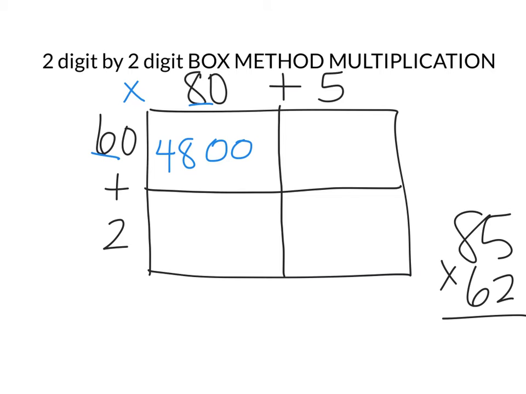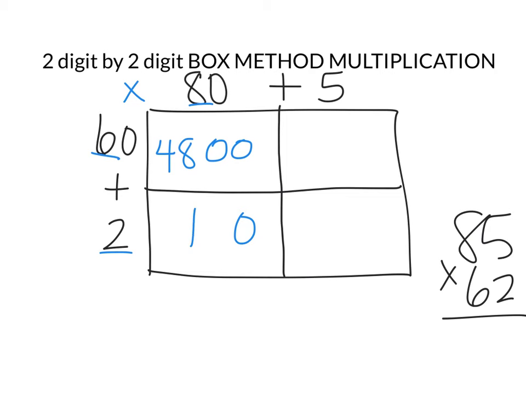So I'm going to keep going with my 80. I'm going to do 80 times what? If I'm doing it like a multiplication chart, what number am I going to multiply 80 by? 2. So 80 times 2, how many zeros do you see, everybody? 1. Then my basic fact is 8 times 2. 16.